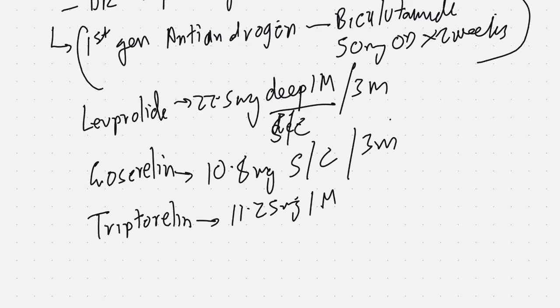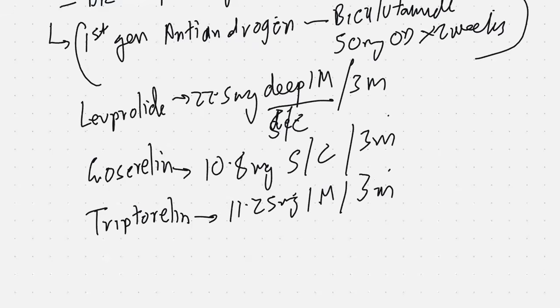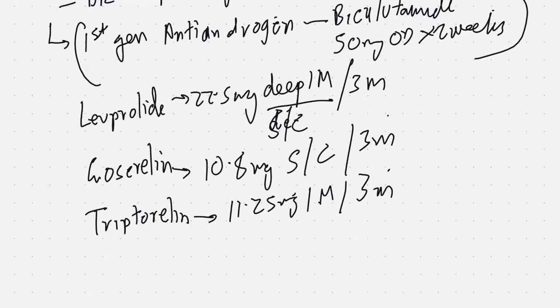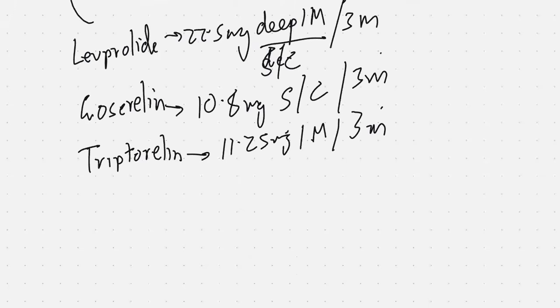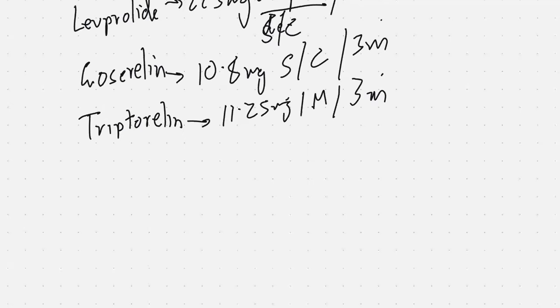So apart from this, instead of using agonists, waiting for that 2 to 3 week period for that initial testosterone surge followed by downregulation, you can also give another set of agents, that is your GnRH or LHRH antagonists.